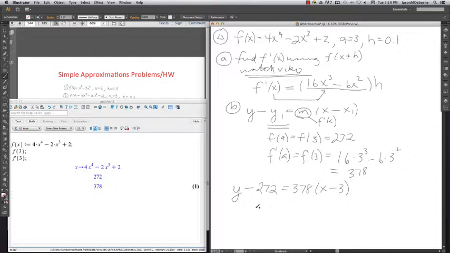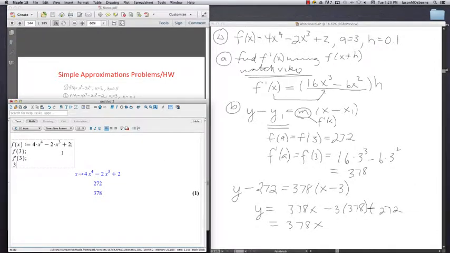If you solve this for y, that would be 378x minus 3 times 378, and then you would add on 272 from the other side. So you will get 378x, and then we do this number over here.